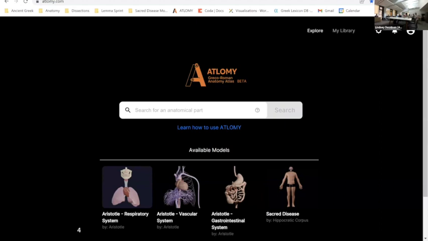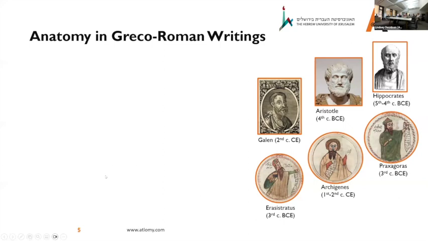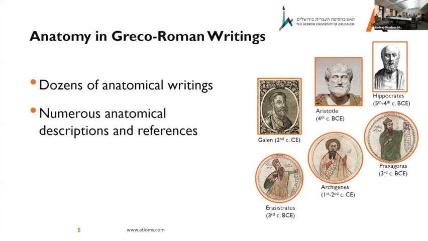Now, when we talk about anatomy in Greek and Roman texts, we need to remember that we have really dozens of dedicated anatomical writings. At the same time, anatomy is also very present in Greco-Roman literature, in terminology, in short descriptions, in metaphors, and long descriptions, which appear not only in medical texts, but also throughout Greek and Roman literature, in poetry, tragedy, philosophical, historiographical texts, and so forth.